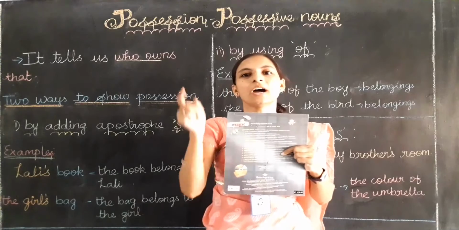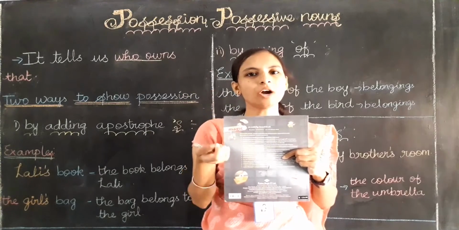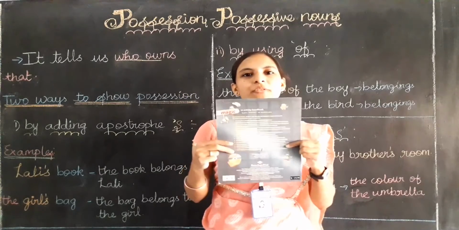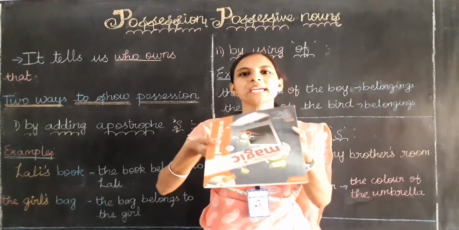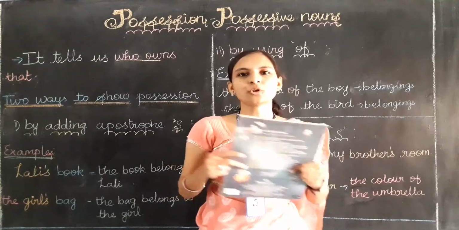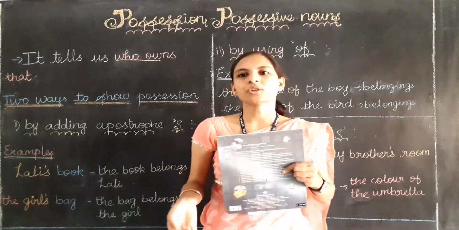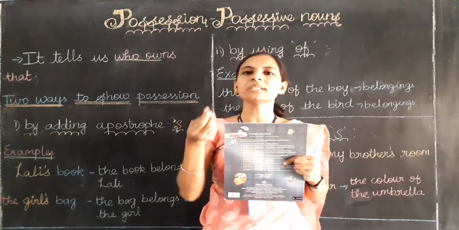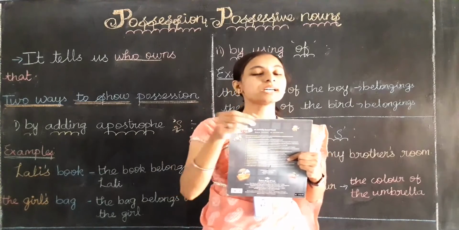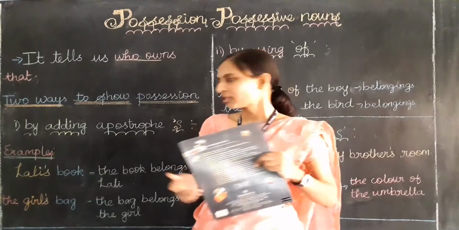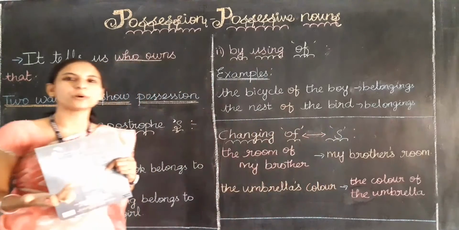By adding apostrophe s after the noun, that is after the name, we can say the thing's name: Meena's book, Kumar's book. This chalk piece belongs to the teacher, so teacher's chalk piece. Clear? So what do we need to do to show possession?